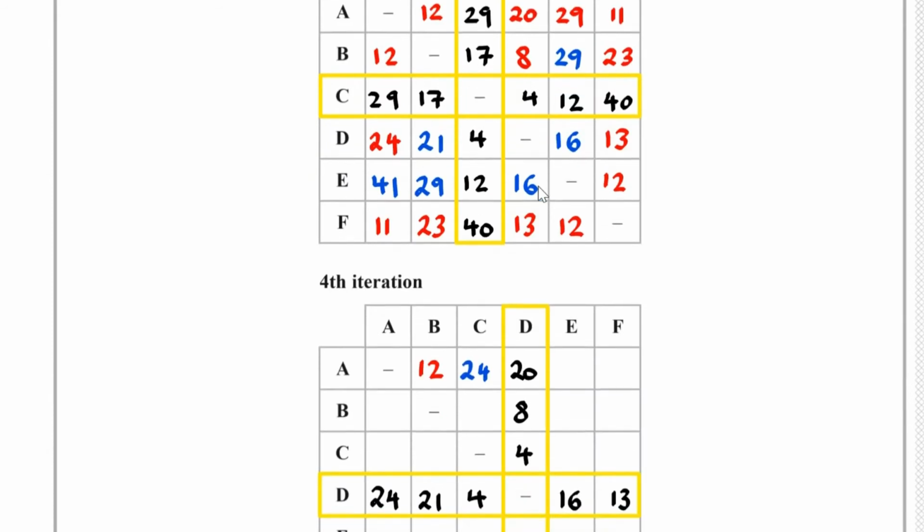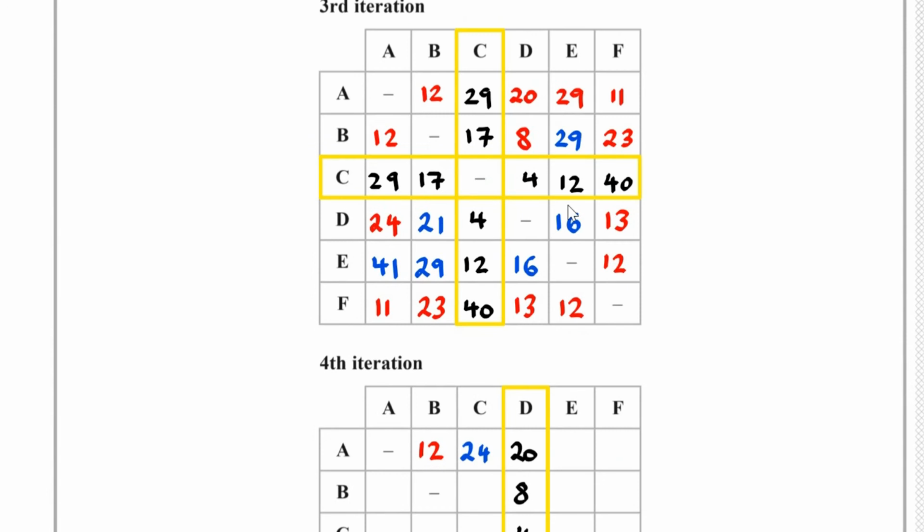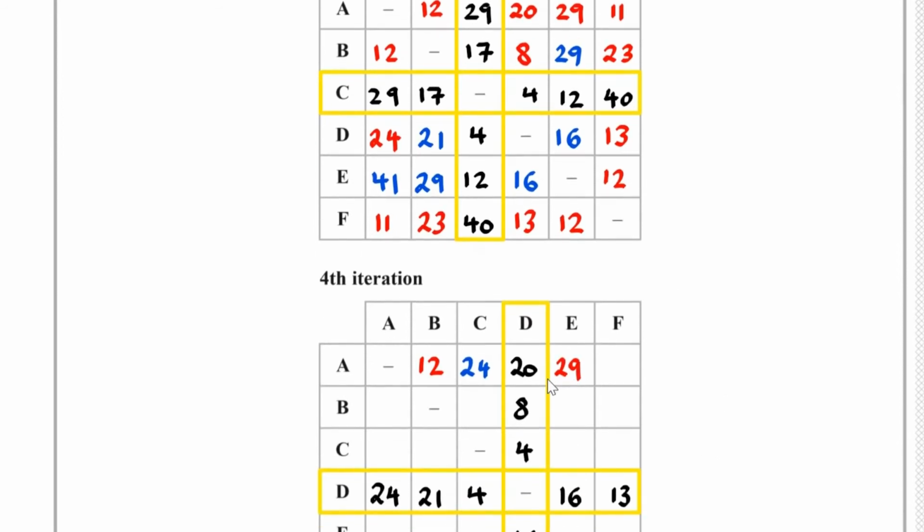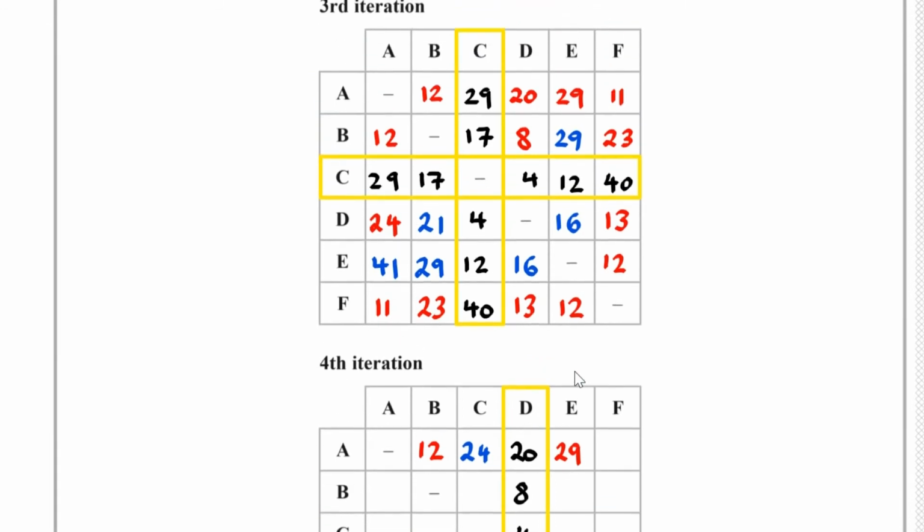We then compare 16 plus 20 with the 29 here. 29 is smaller, so 21 stays the same. And then we compare 20 plus 13 with the 11 over here. 11 is smaller, so 11 stays as it is.